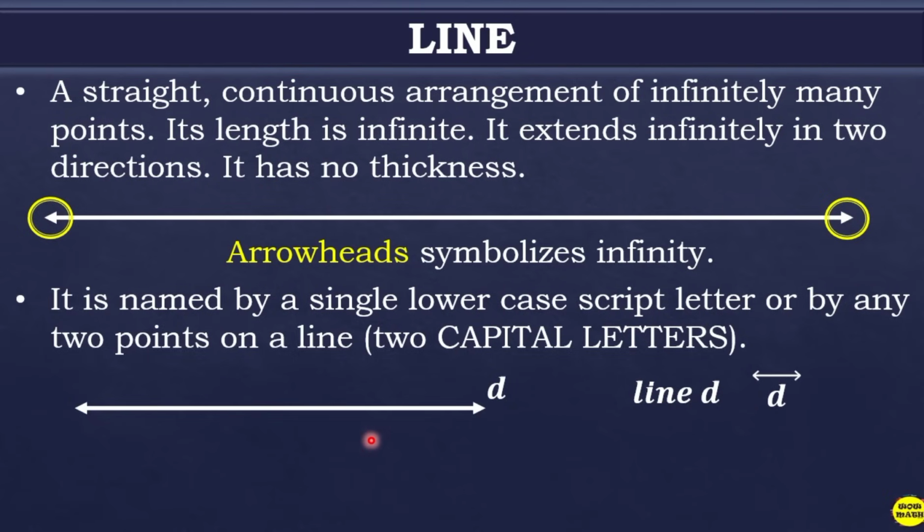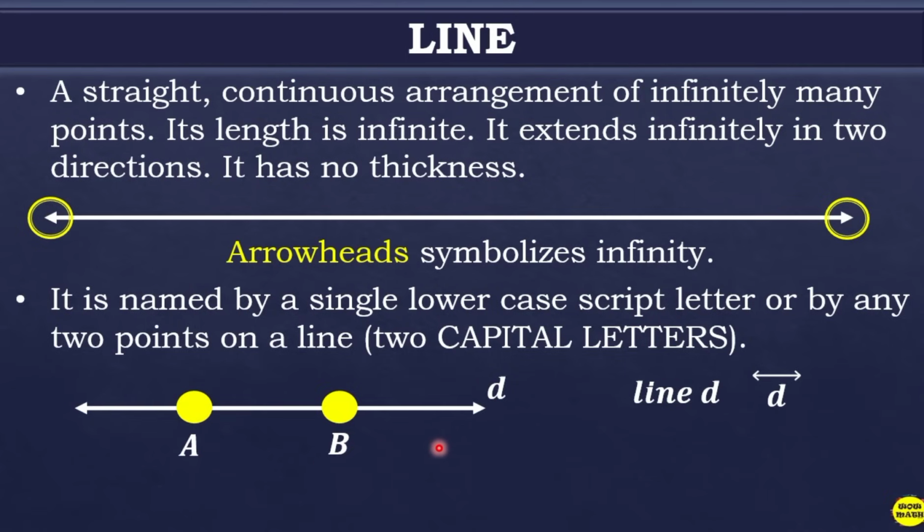Another way is by using any 2 points. Kapag points, ibig sabihin, it must be capital. Capital letters po dapat kasi point yan eh. Pag sinabi natin point, dapat capital letter. So kung gagamitin natin o ini-name natin ang line natin using 2 points, dapat parehong capital letters yon kasi point.